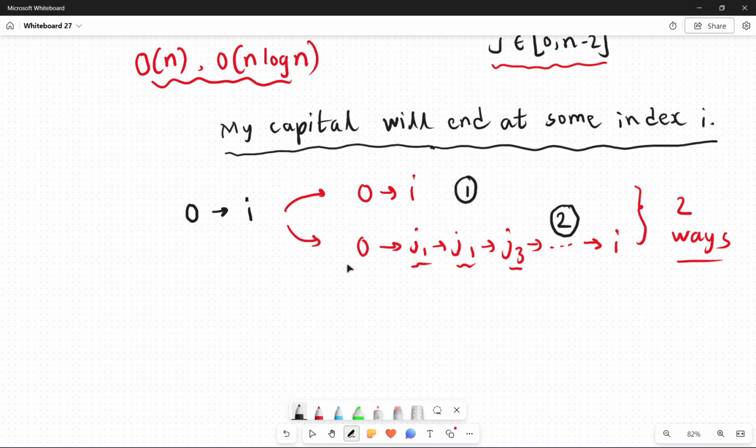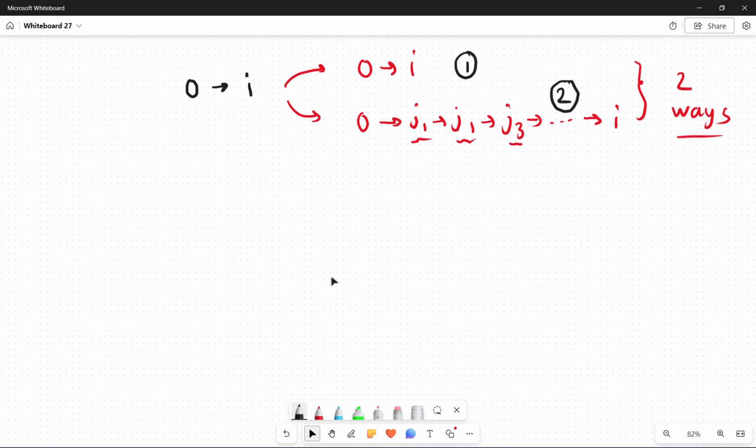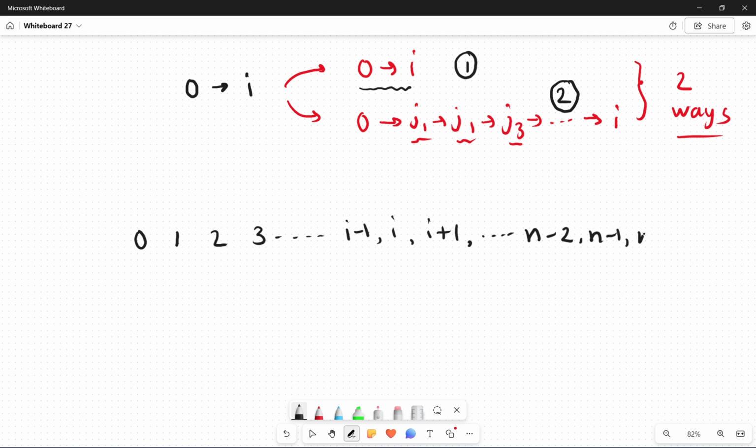So listen, if you want to go this way, suppose 0 1 2 3 and so on up to I minus 1, I, assuming that I plus 1 fits into the constraints of less than or equal to n, so on up to n minus 2, n minus 1 and n.